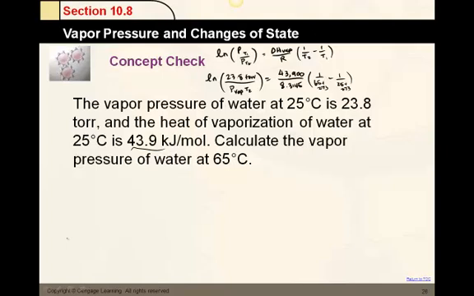And then I'd have to actually take the anti-log of both sides to solve for the pressure of vapor. I didn't do it, but that's how you would plug it in. According to this PowerPoint, you get 194 torr. So again, remember, you have to use the anti-log or the inverse log. It depends on your calculator. Hopefully you too will get 194 torr when you work that out.